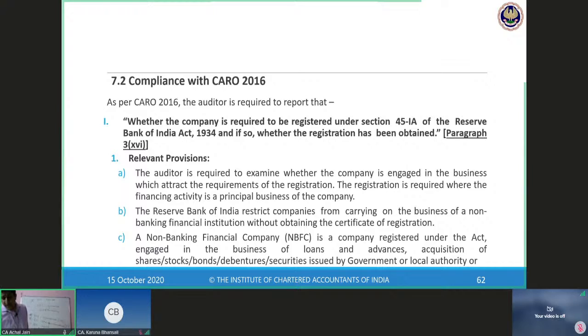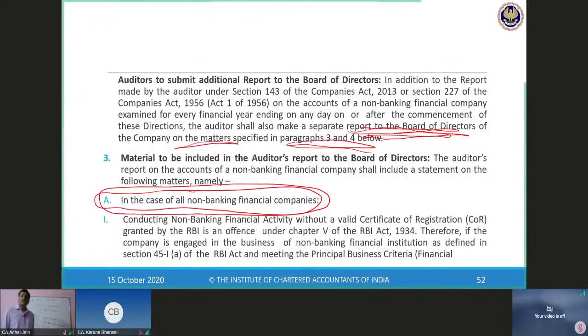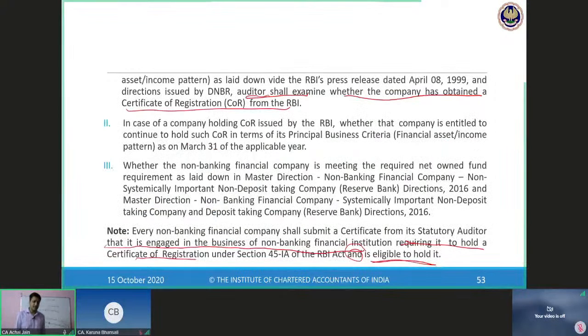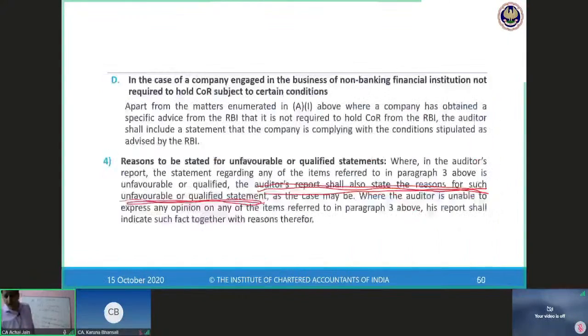Where was this registration requirement discussed? 3A, which applied to all the NBFCs, means auditor of all the NBFCs will be required to report to the board of directors in respect of registration requirement of NBFC. So auditor is already reporting this point to the board of directors in a statement. And in case of an exception on that, auditor is also reporting that matter to the RBI.